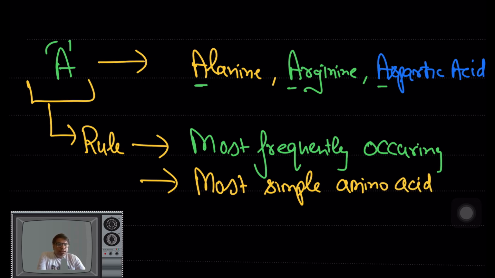Out of alanine, arginine, and aspartic acid, alanine is most frequently occurring, meaning it is most abundant in comparison to arginine and aspartic acid within the protein. And yes, it is a simple amino acid compared with arginine and aspartic acid. So the alphabet A has been assigned to alanine. Clear? Okay. Now let us move forward.